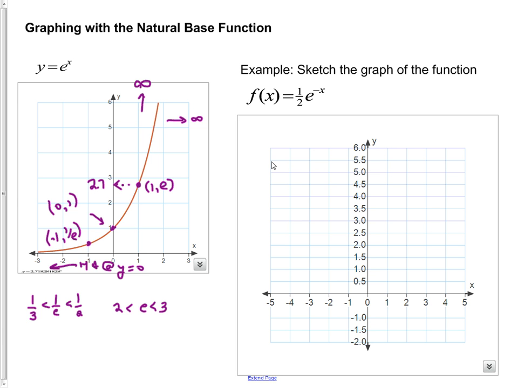So let's take a look at a modified function right here. Let's try f of x equals 1/2 e to the negative x. What shifts or translations are happening right here? Well, first of all, we've got that negative x. If you recall from a couple of videos ago, negative x meant that we're going to have our horizontal asymptote at y equals 0 off to the right.